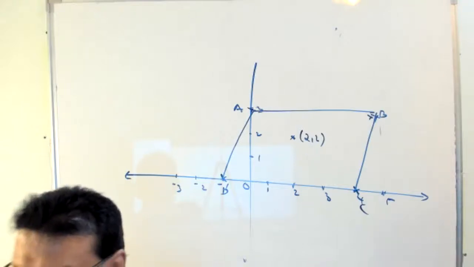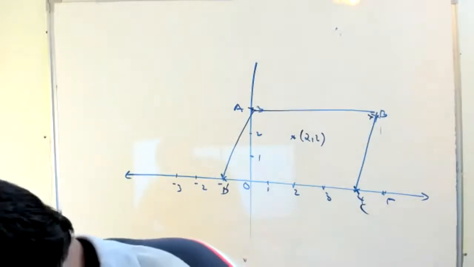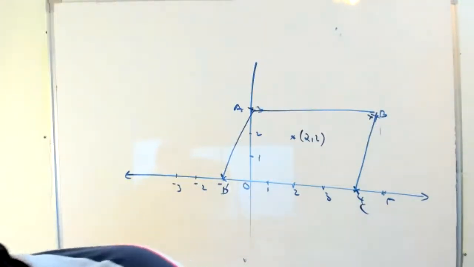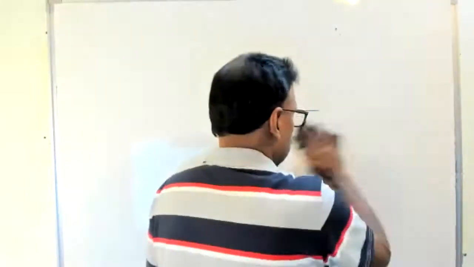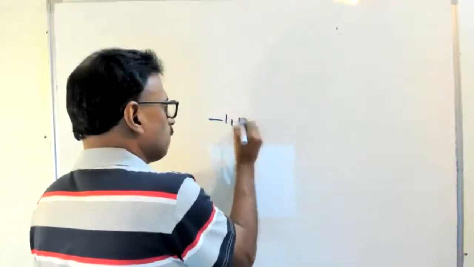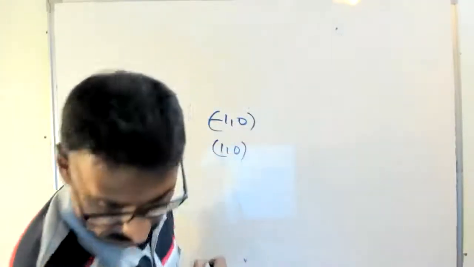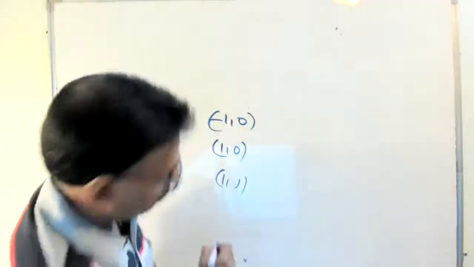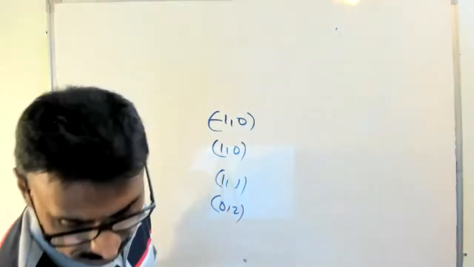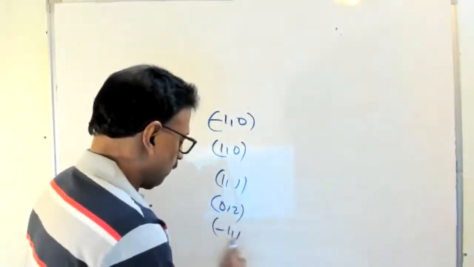Nikita, you got the points, right? -1, 0. 1, 0. 1, 1. 0, 2. -1, 1.